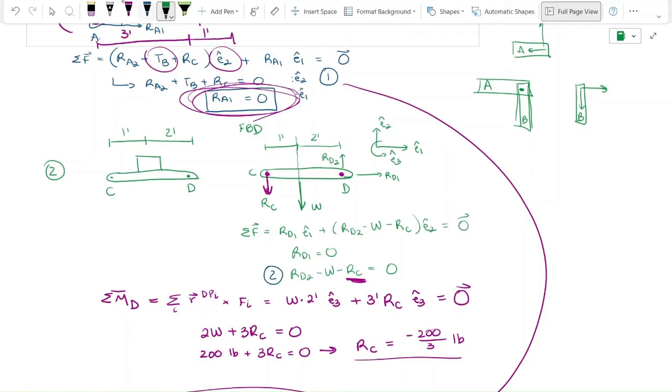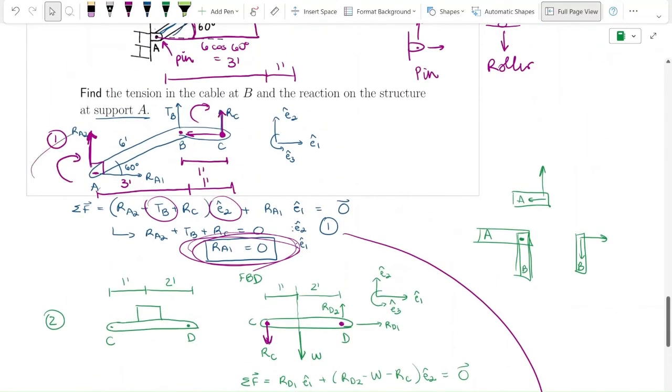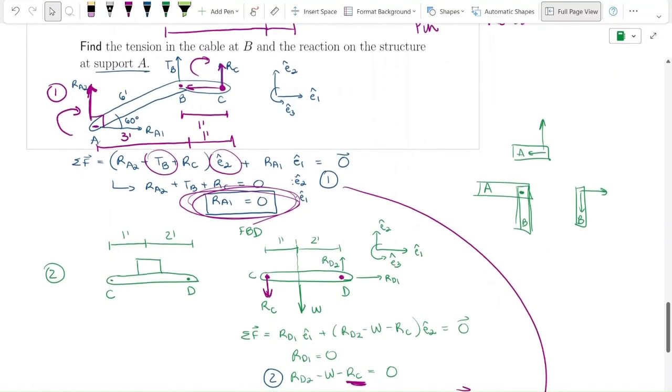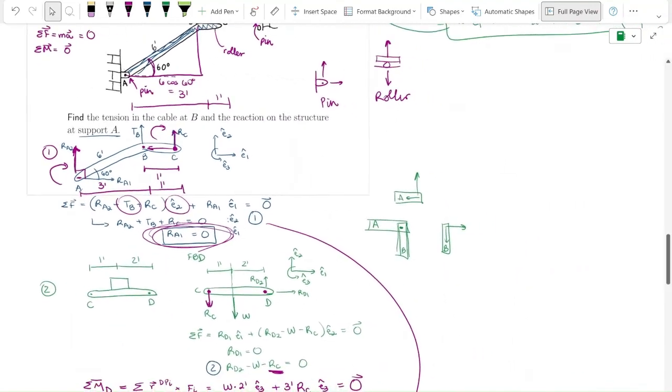D to D is just 0. So we only get information about RC, and then we can solve for RC, which we can then use in this expression to find the moments. And in this expression, it didn't really matter which one you took the moments of because you have two unknowns. So whichever point you picked would have given you the same results.